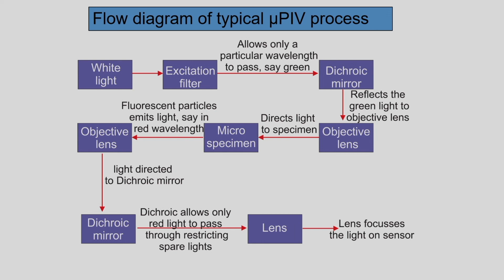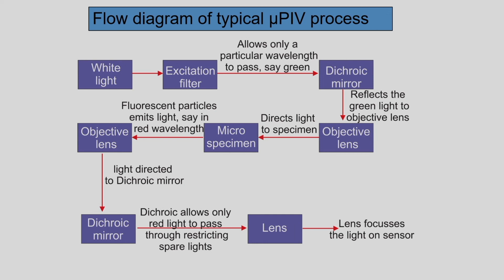When light comes, the particles will emit light of, say, red wavelength. So, green light falling on the fluorescent particle will cause it to emit light with red wavelength.